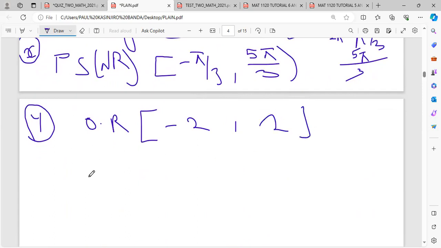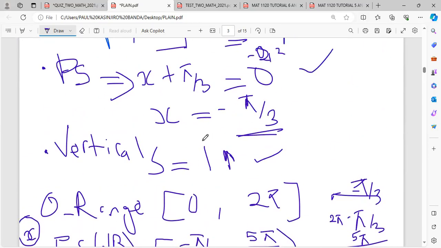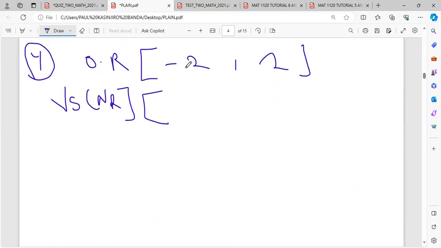Then when you apply the vertical shift, you have your new range there. It means the new range will add 1 here and 1 there. Why? Because that's the vertical shift. You can see here the vertical shift is 1, so we are going to add 1 to this.